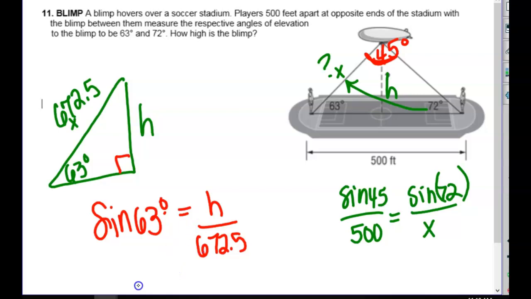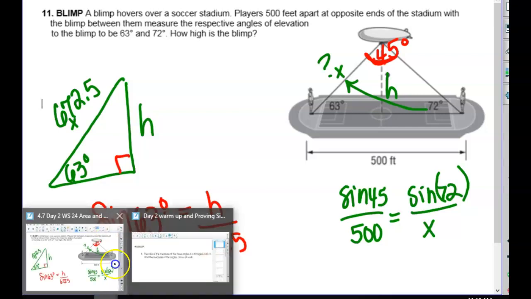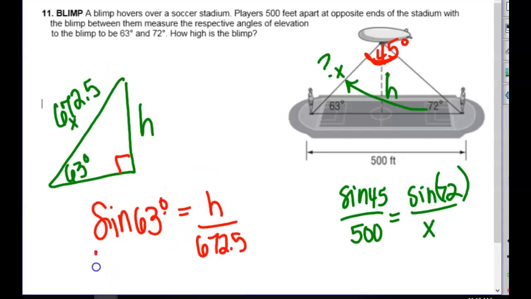I have 599.2. I left the whole decimal in though. It's about 600 feet. If I had rounded 672.5 times the sine of 63, still got, okay.